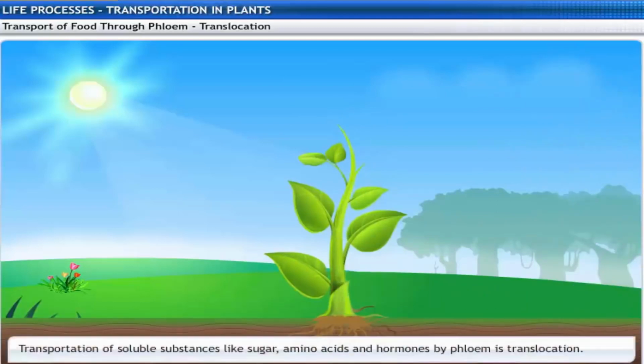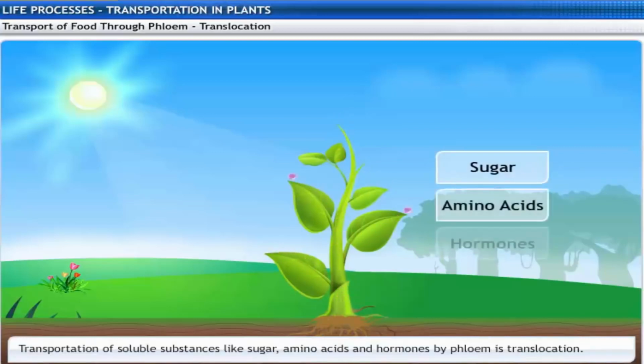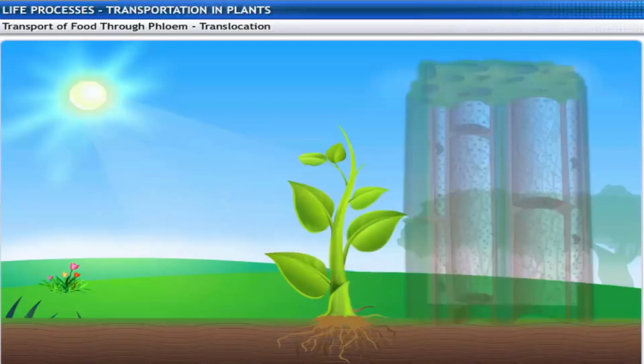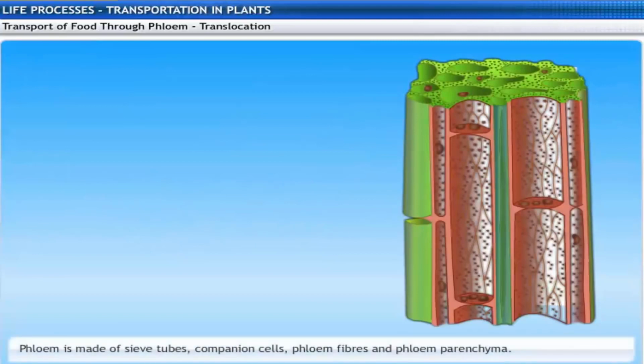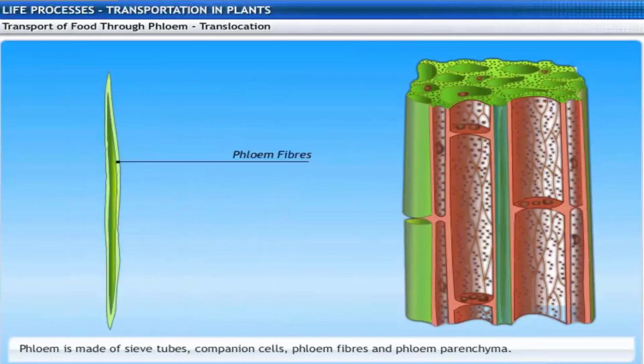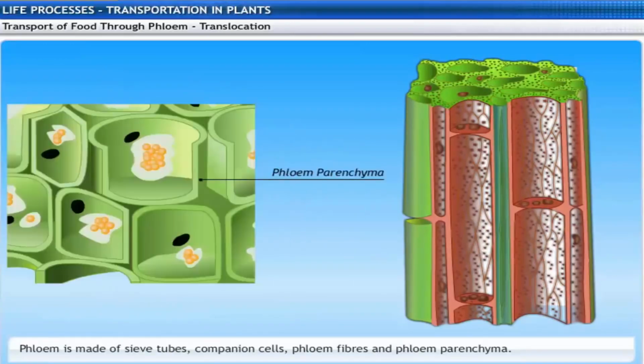Transportation of soluble substances like sugars, amino acids, and hormones by phloem tissue is called translocation. Sugar is translocated in the form of sucrose. Phloem is made of 4 types of cells: sieve tubes, companion cells, phloem fibers, and phloem parenchyma.